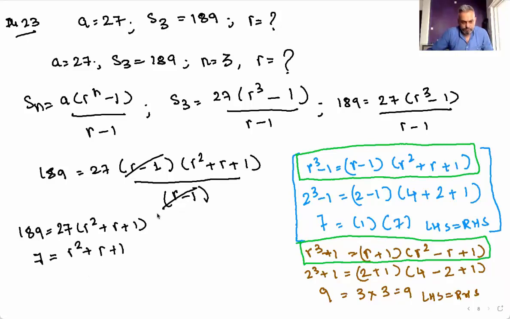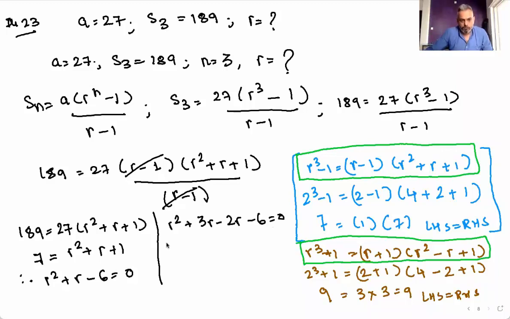Therefore, r square plus r, this will come here, so minus 6 will be equal to 0. So r square plus 3r minus 2r minus 6 is equal to 0. So r in the bracket r plus 3 minus 2 in the bracket r plus 3 is equal to 0.